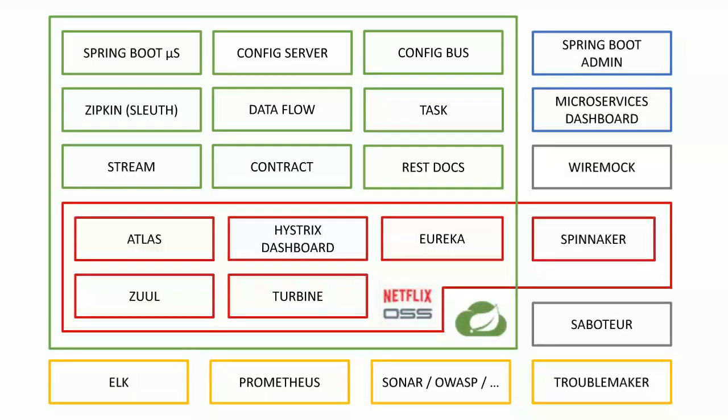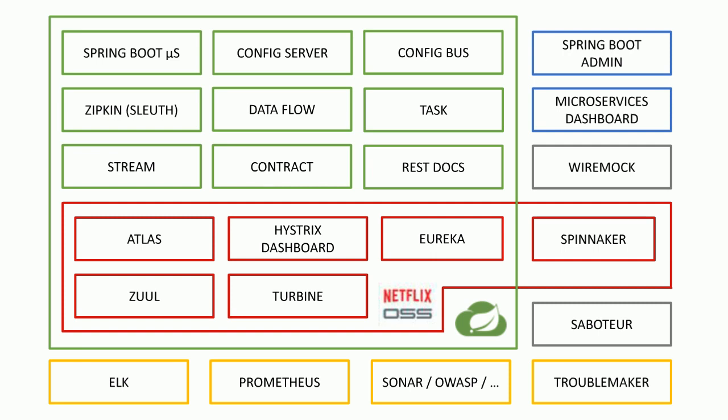We're going to level up this architecture with some extra tools. So here you can see that we added some libraries like Spring Cloud Contracts and REST Docs, which can really help you test and document your services. Aside from that, we also will talk about tools like Spring Boot Admin and the Microservices dashboard for visualizing your architecture, for having monitoring.